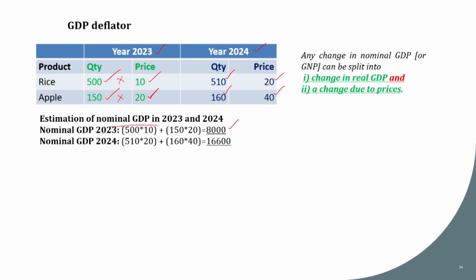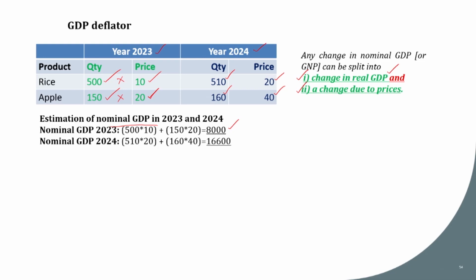But the issue here is that, although there is a marginal increase in the quantity produced, for example rice going from 500 to 510, the price we have deliberately doubled. So the first part is obviously a slight increase in the quantity produced. At the same time, there is also a change in prices. So the nominal GDP, when it goes from 8,000 to 16,600, reflects two things. One is change in real GDP and the second one is change in prices.